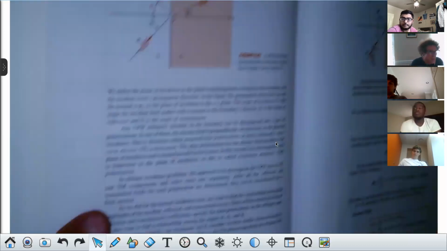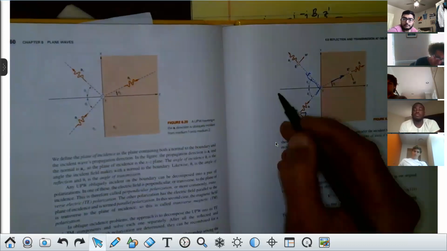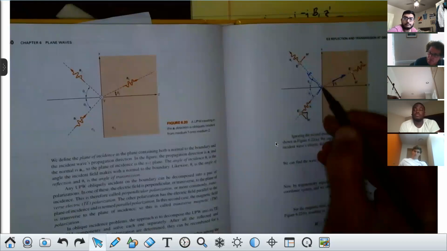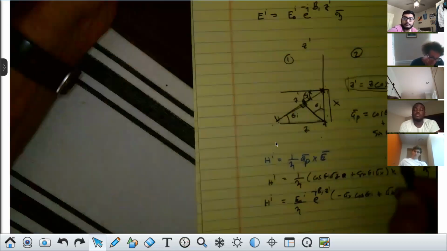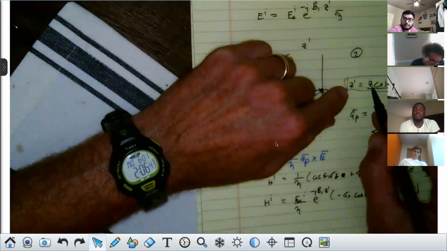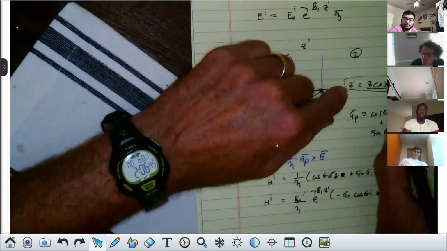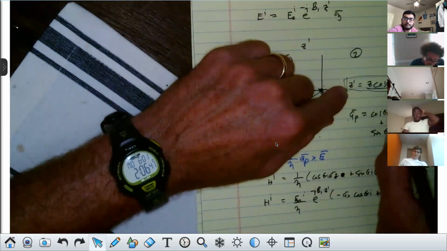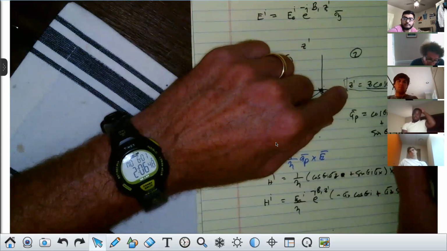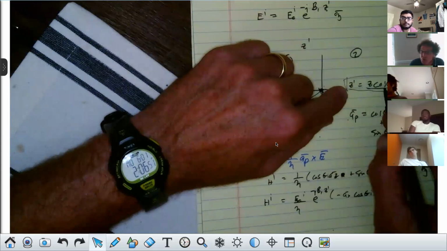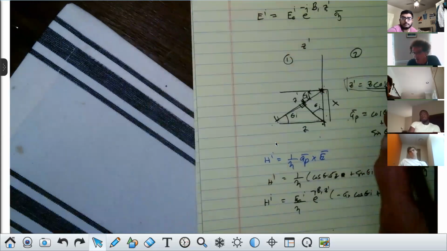If this angle right here is 0, then it's coming straight into the page, isn't it, class? If it's coming straight into the page, what does this become? Well, it's z cosine of 0. Cosine of 0 is 1, isn't it? Plus x sine of 0. Sine of 0 is 0. So it becomes just z, right?